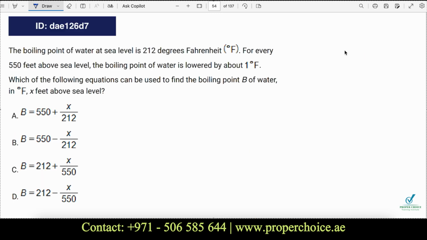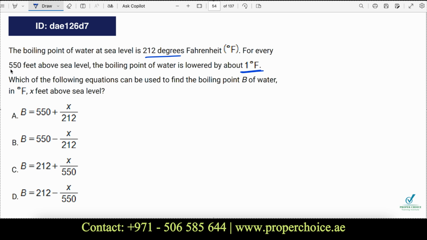The boiling point of water at sea level is 212 degrees Fahrenheit. For every 550 feet above sea level, the boiling point of water is lowered by 1 degree Fahrenheit. Which of the following equations can be used to find the boiling point B of water in degrees Fahrenheit x feet above sea level?